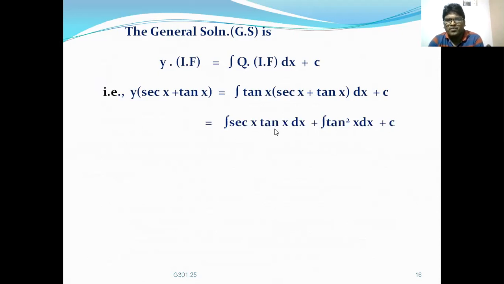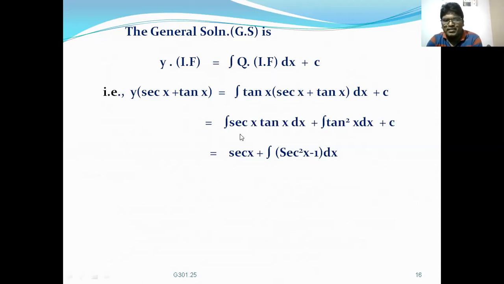Integration of secant x tan x dx is equal to secant x, which is already in the formula. But tan square x is not in the formula, so you have to convert it to sec square x minus 1. From the fundamental identity in trigonometry, secant square minus tan square is equal to 1, you will get tan square x equal to secant square minus 1.